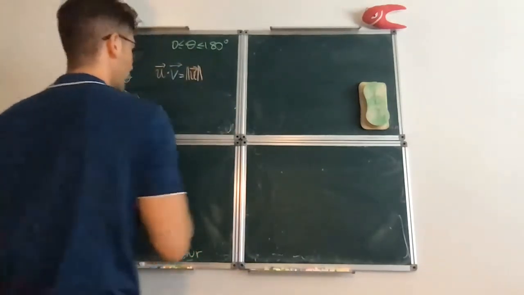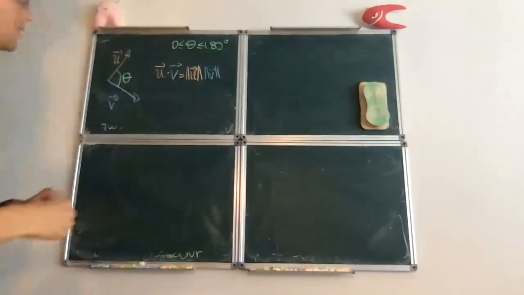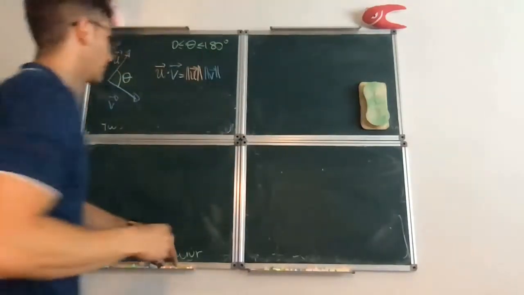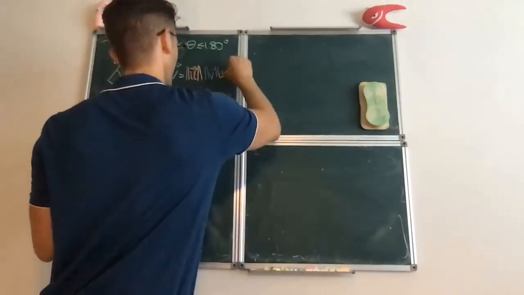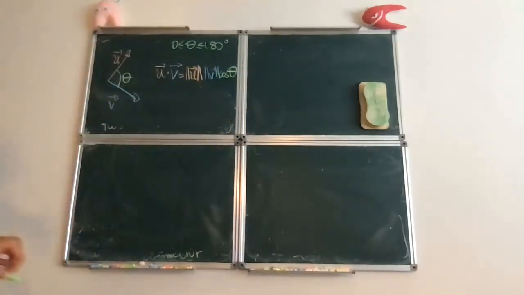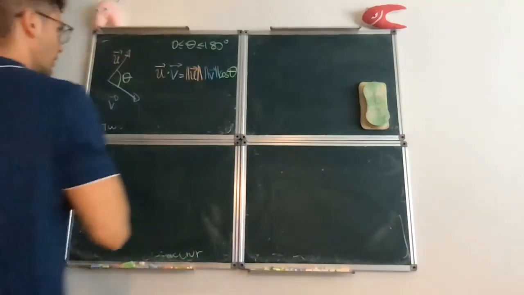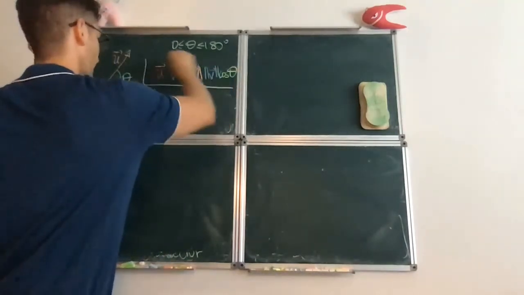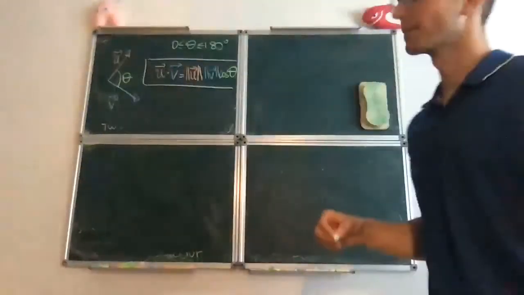We multiply it with the size of the vector v, and then times the cosine of the angle between them. Okay, so that's the formula for the dot product, which you need to know.